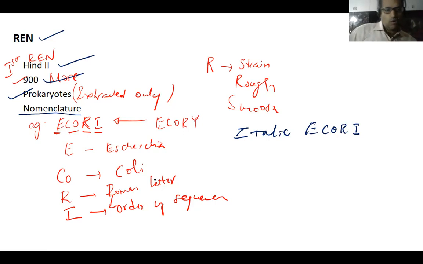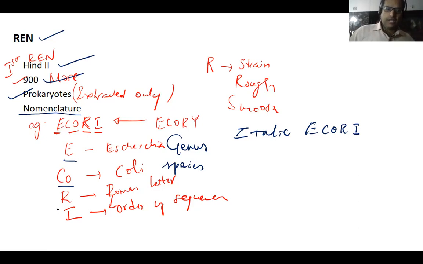When we write EcoRI, E, the first alphabet, should always be written in capital. E stands for the genus name, Escherichia. The next two alphabets, co, stand for coli, the species name; the first two alphabets of the species are taken, so it is written as Eco.